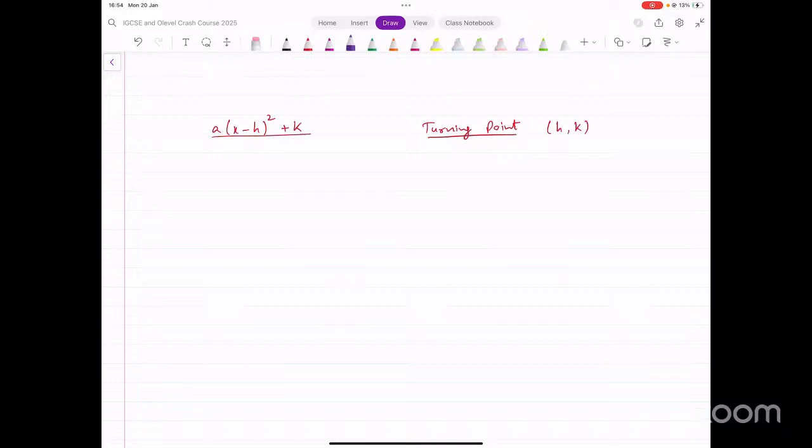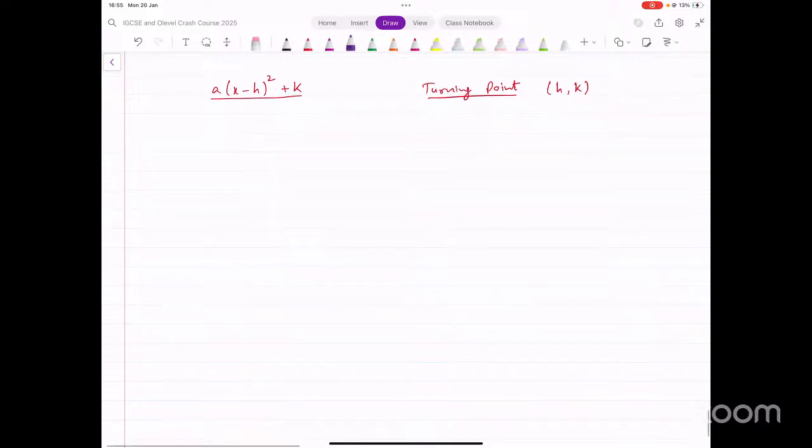Okay. So given a function in this form already, so sometimes this can happen as well, that you have a function already in this form, and you have to figure out the turning point of that function for doing something that they've asked about.